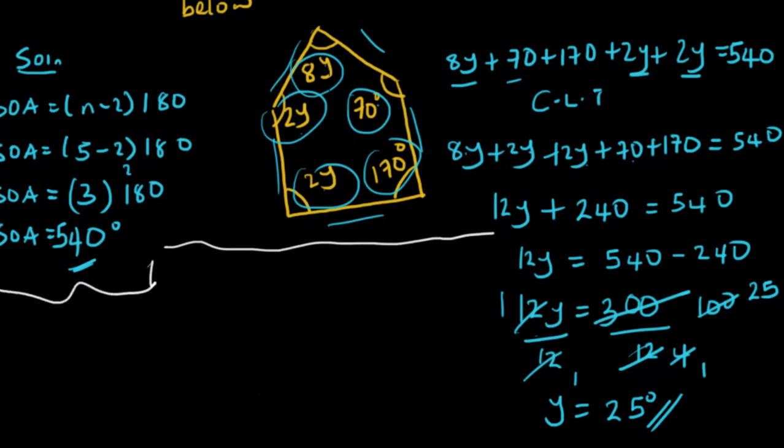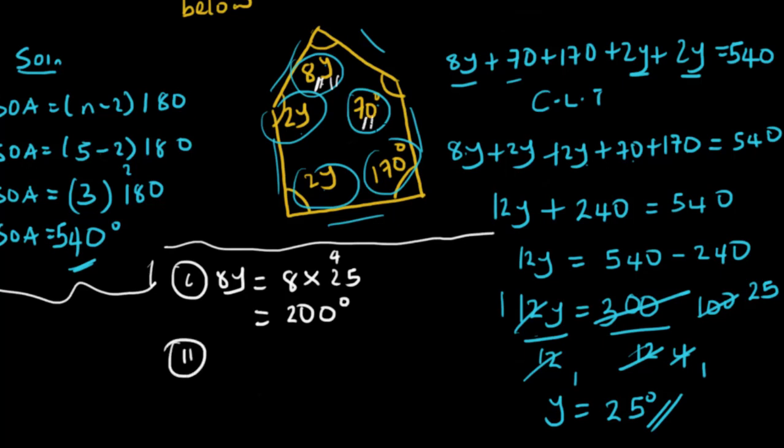The first thing we have is 8y, which equals 8 times 25. 8 times 5 is 40, so I have 0 carry 4. 8 times 2 is 16, 16 plus 4 gives me 20. So 200 degrees. I is 170. So I have 170 degrees.